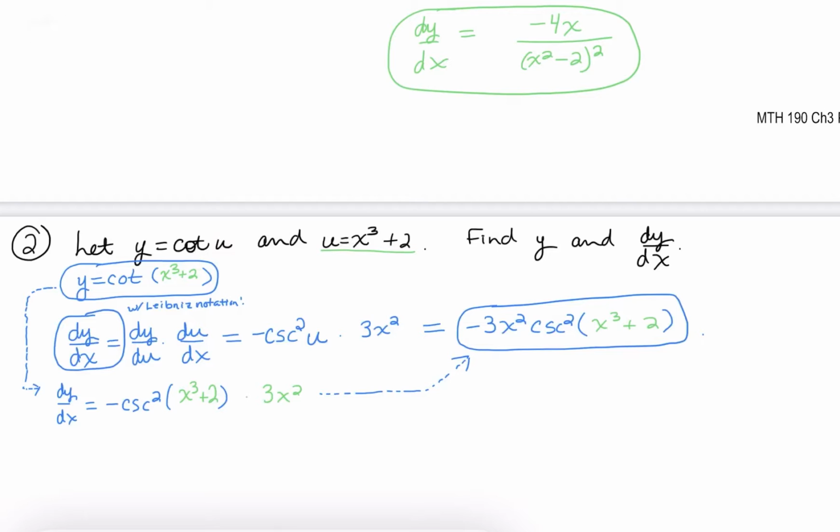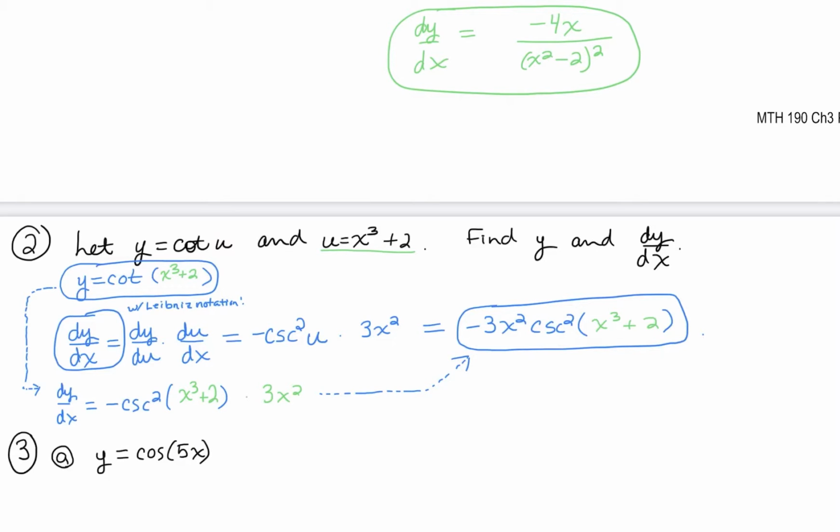Typically you're not going to be given a y as a function of u and u as a function of x. Typically you're just given a function of x to get started here. So that's what we're going to do. We're going to compare several different things here. For part A, suppose that we have y equals cosine of 5x.